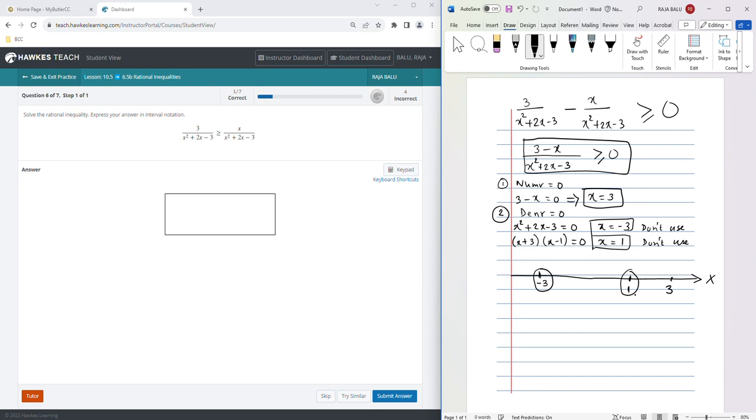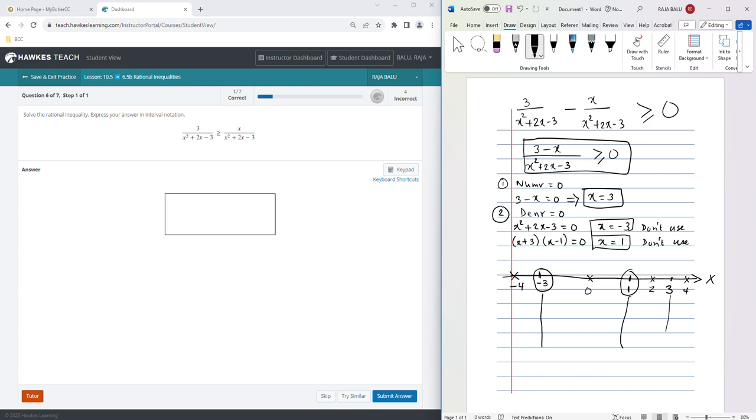I don't know if I can use it or not, so I'll leave it as it is. So to the left of negative 3, I can choose negative 4. And in the middle, I can choose 0. And the second part, between 1 and 3, I can choose 2. And to the very end, I can choose 4. So with these, I can double check whether they all work out or not.